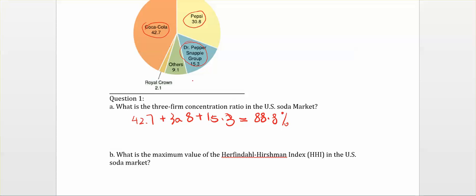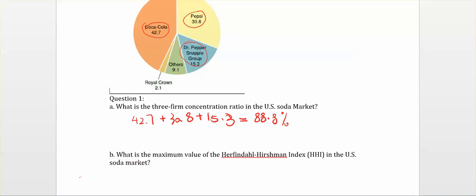In order to calculate the maximum value of the HHI, first we know the HHI will be equal to each market share powered by 2, and we add all of them together and we will get HHI. The hard part is how can we figure out the component for others. In order to figure out the component for 9.1%, we need to look at the question.